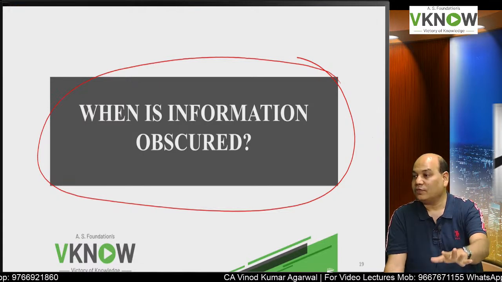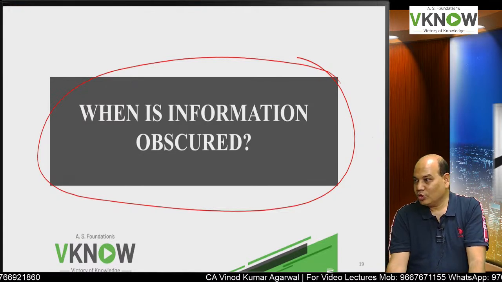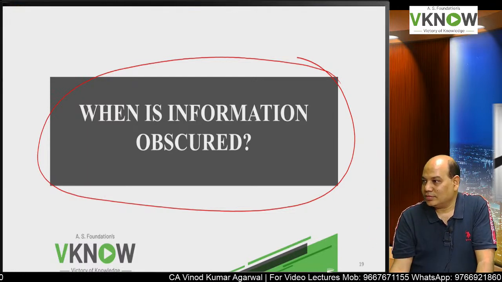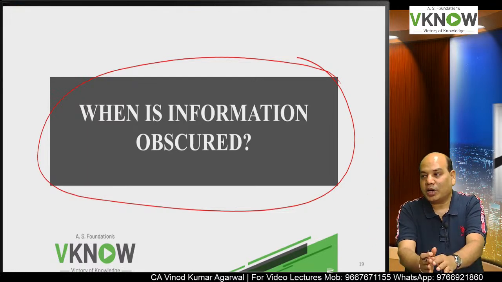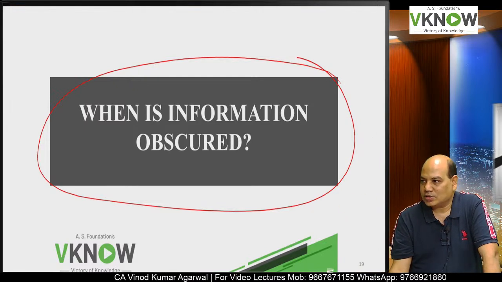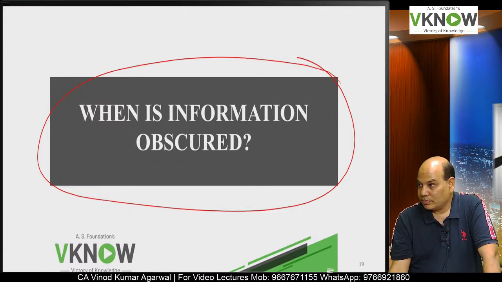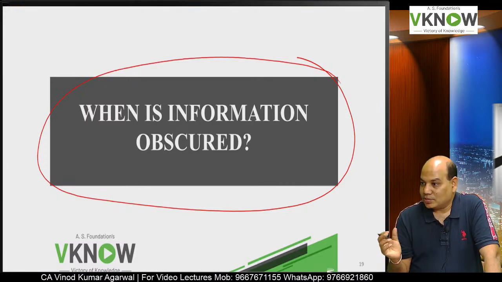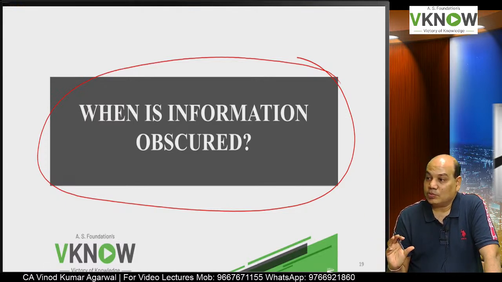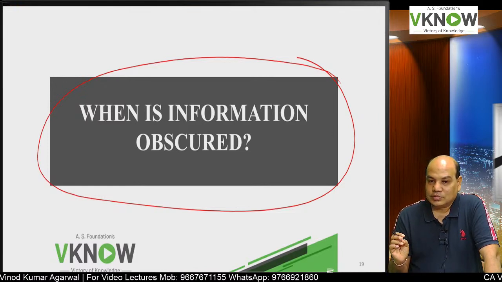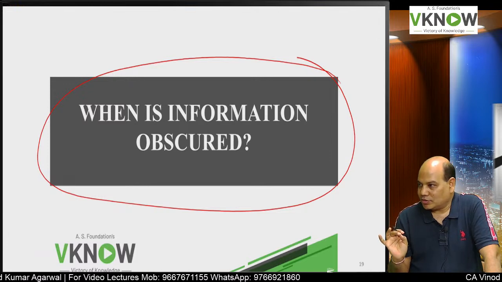Sometimes giving too much information so that what is relevant gets hidden. Sometimes you spread the information over several schedules and several places. That can also be obscuring the information. Sometimes you use vague words to describe something, or use jargon, complicated language which only some people can understand.